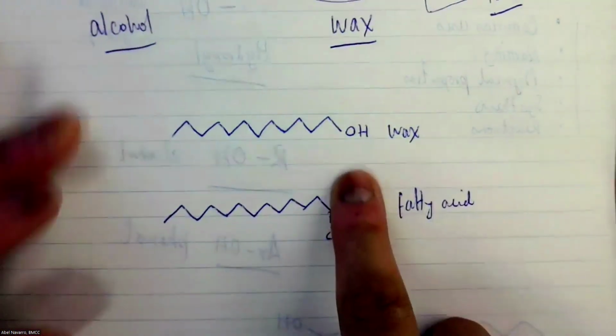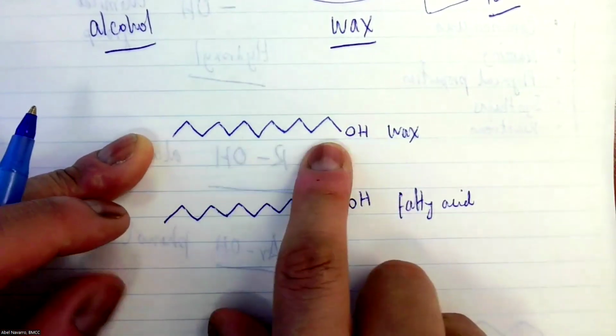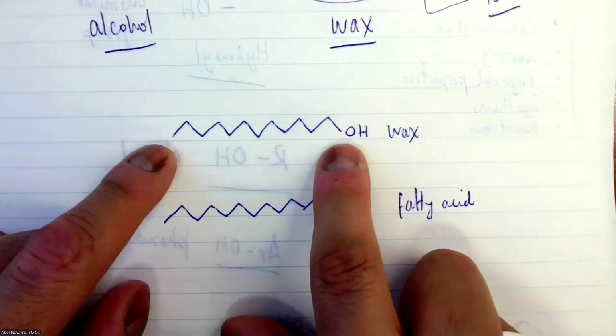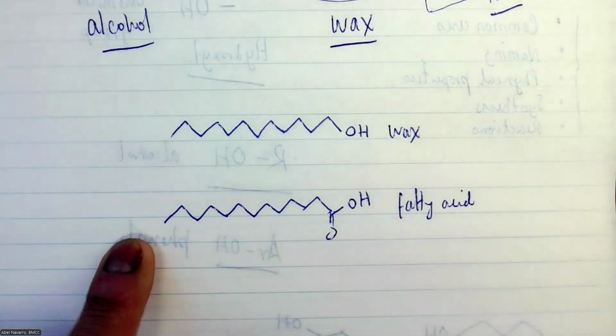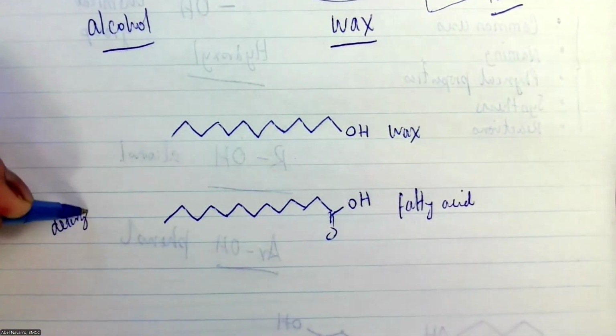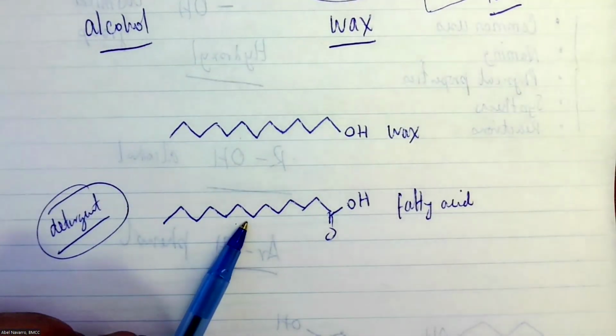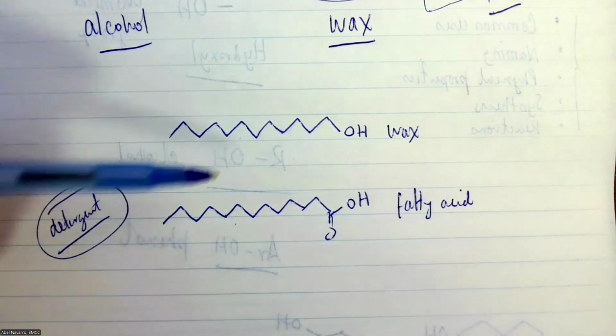This one is a fatty acid. They are both lipids, because they are very hydrophobic: this has a very hydrophobic chain, and this is also hydrophobic. A fatty acid, if you deprotonate it, is a precursor for a detergent. So what's the difference?